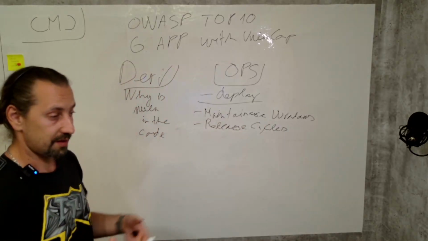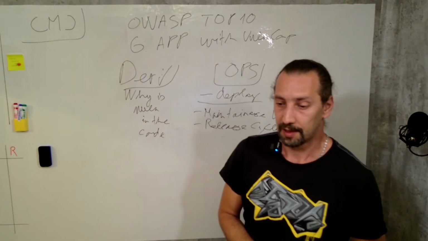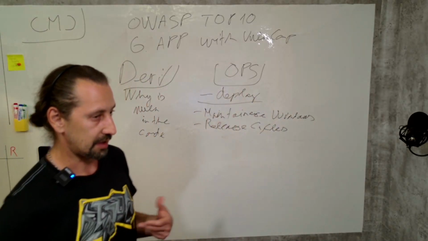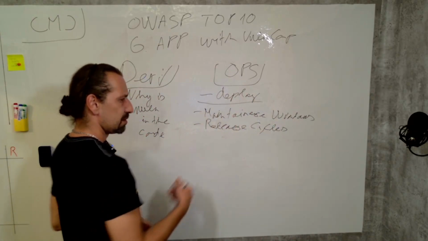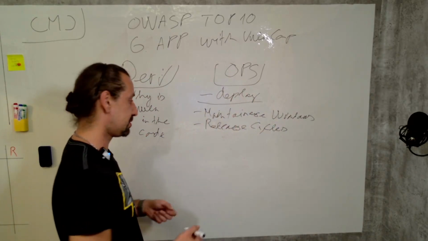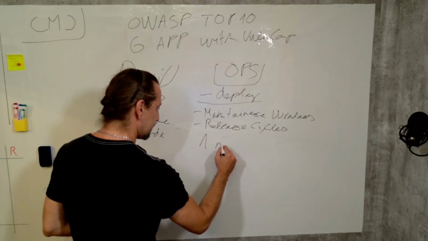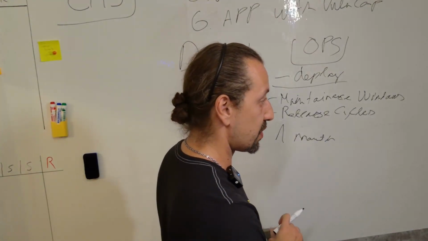So when they can deploy something on a server, when they can introduce new code in a production environment, what I saw is many companies use 1 month in their release cycle.